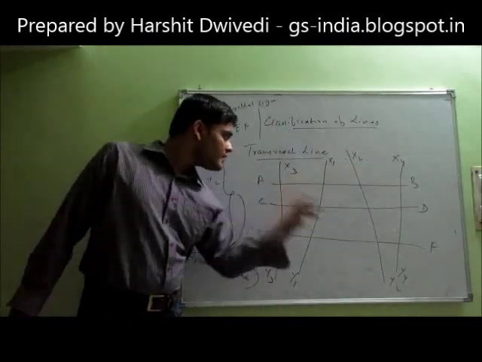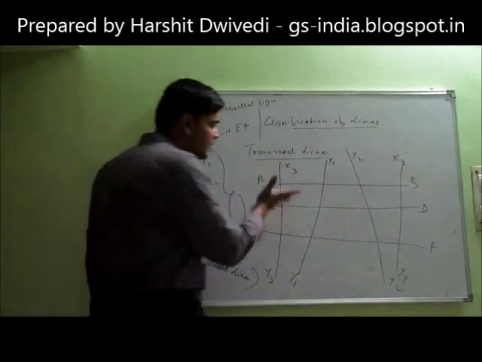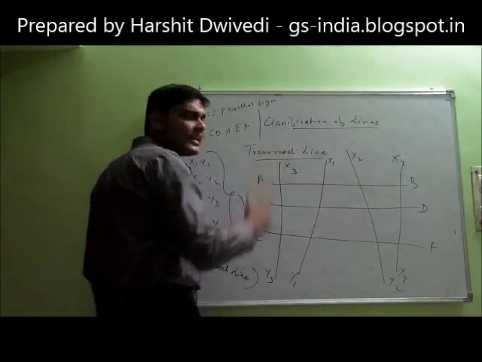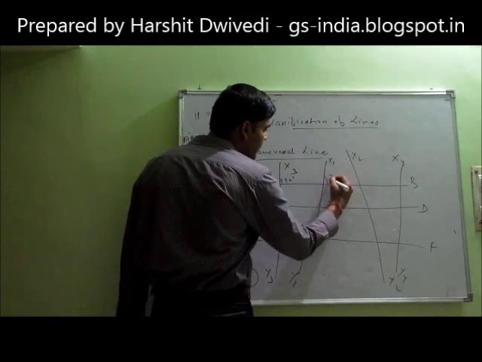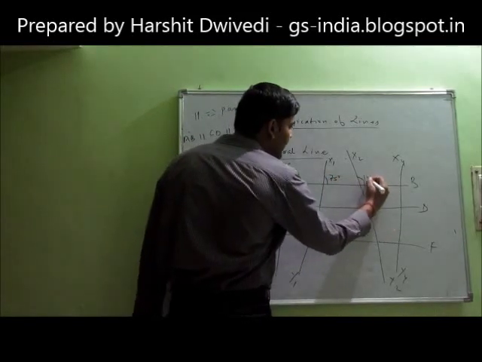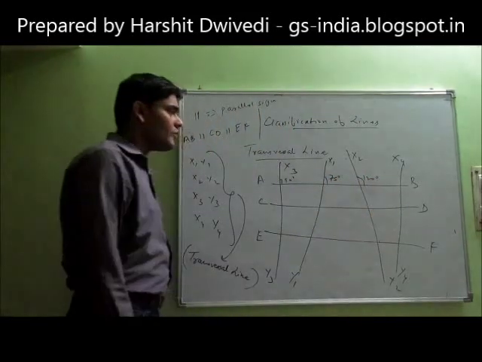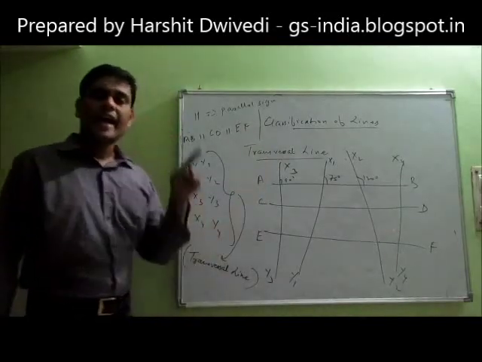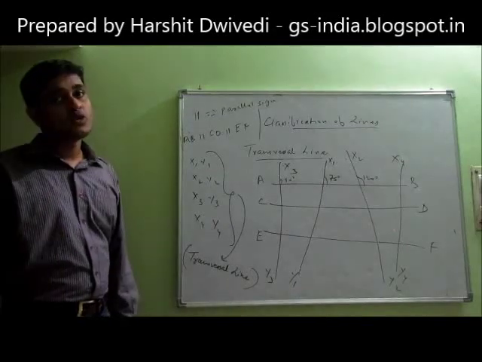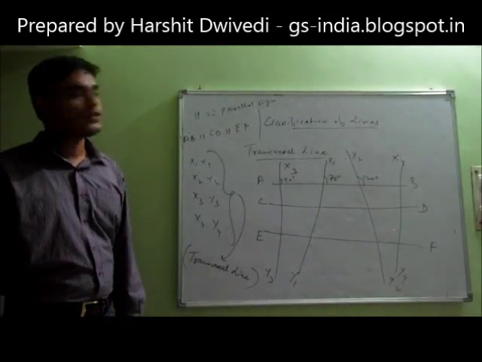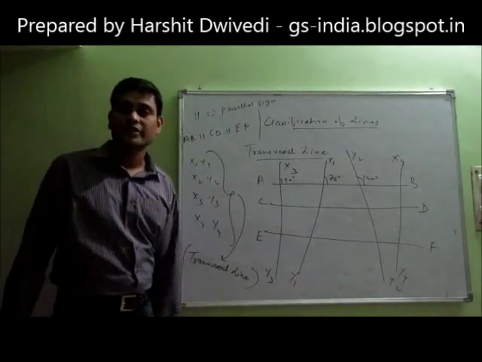You can say that this line forms an angle of 90 degree, but this line can also form an angle of 75 degree. This line can form an angle of 120 degree. So the difference may be there, but any line that cuts two or more parallel lines will be said to be a transversal line. So this is the basic definition of a transversal line.